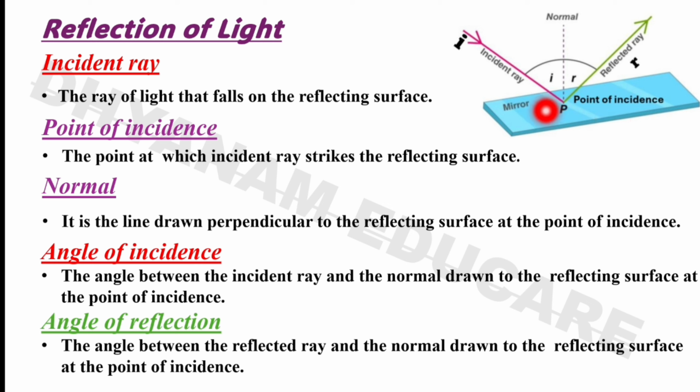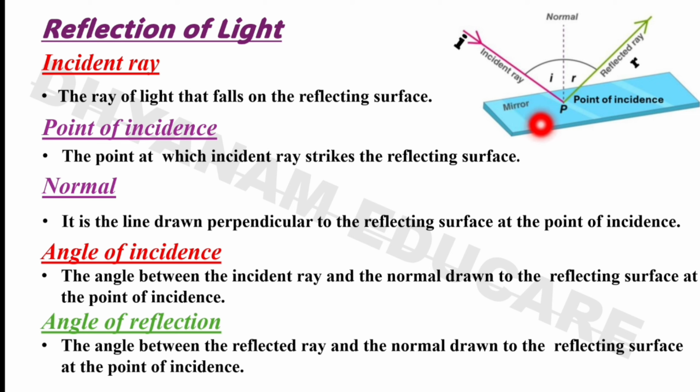Then this one is called the reflected ray. Normal is a line drawn perpendicular to the reflecting surface at the point of incidence.